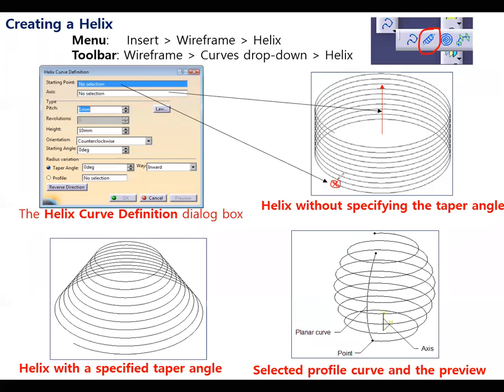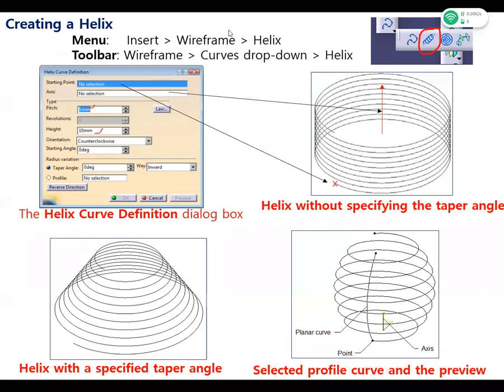You need to draw this starting point, or if you have a 3D point, you can select the 3D point, or you can draw a point using 2D sketch. Select the point, and the axis is the vertical axis. That helix's center axis is this one, which is nothing but the vertical axis in this case. If the helix is lying horizontal, you have to choose the H axis, and then pitch and height.